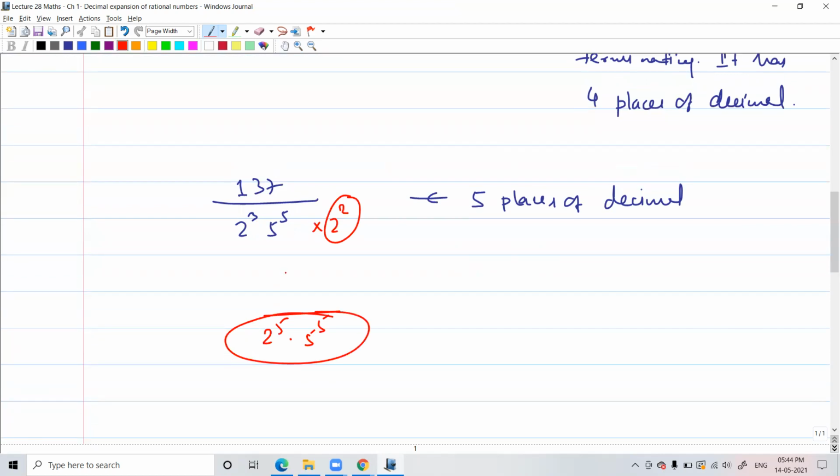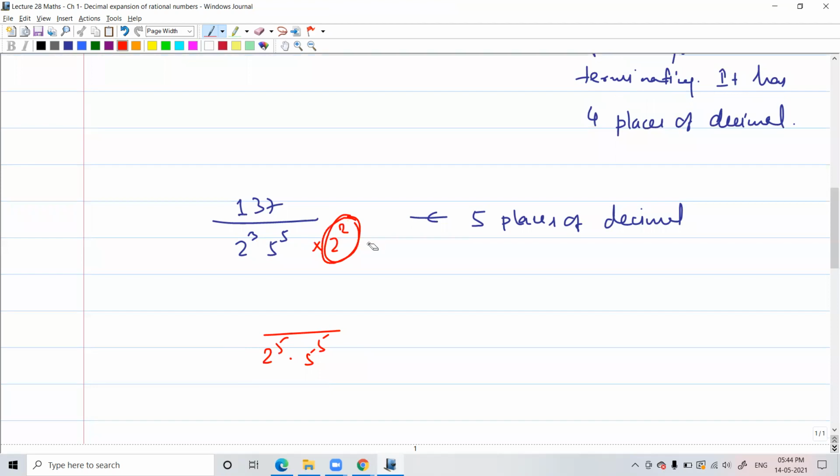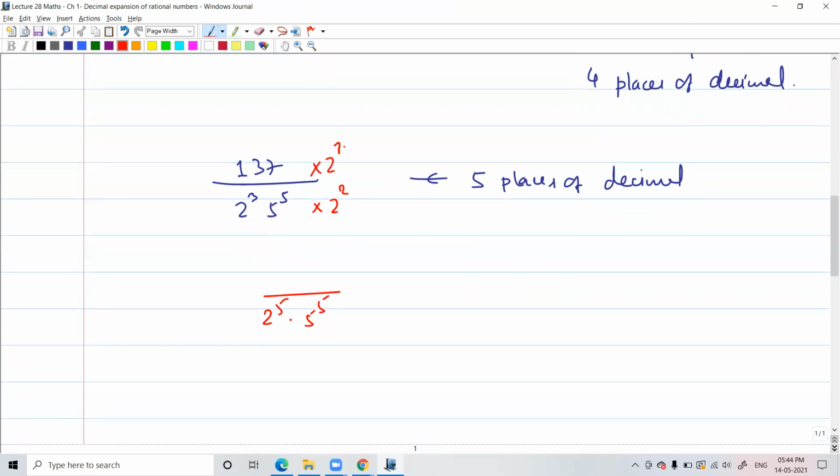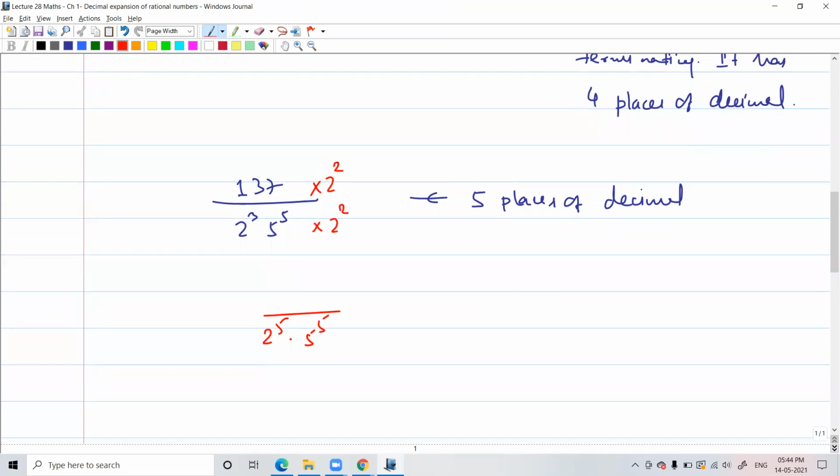But if you multiply 2 to the power 2 in the denominator, the same 2 to the power 2 you have to multiply in the numerator also. So don't forget to multiply the 2 to the power 2, which is 4. So 4 times of this number, how much is that? What should be the numerator? Yes.